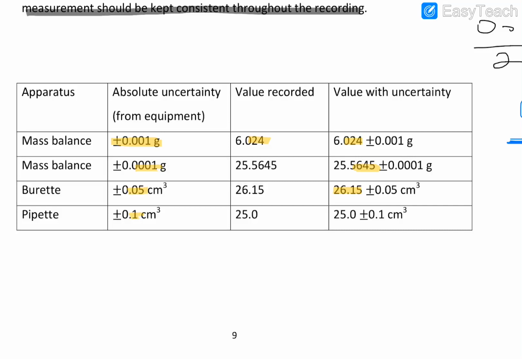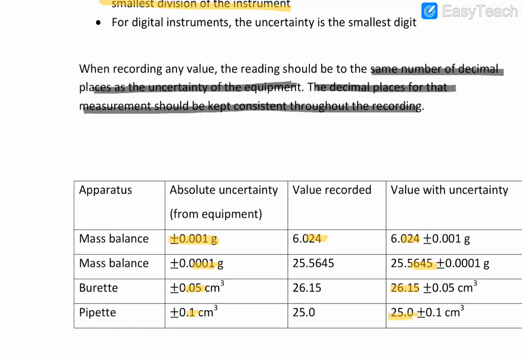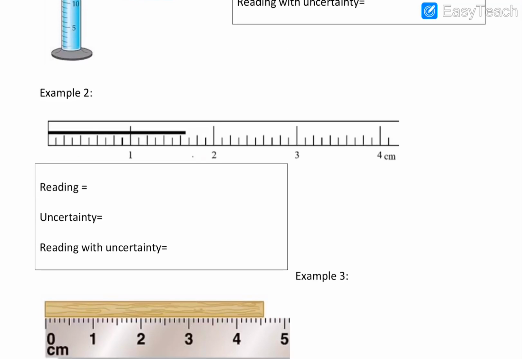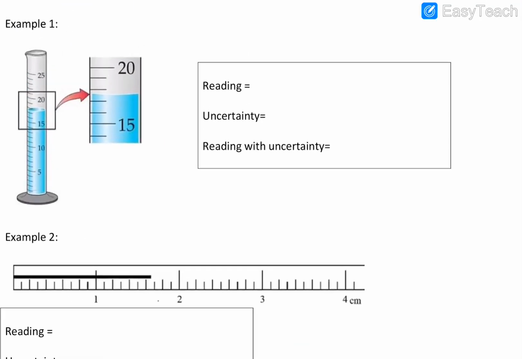This is 1 dp, and this is 1 dp as well. So the dp should match with the dp of the uncertainty. Work out these questions now, and then watch the next video for the correction.